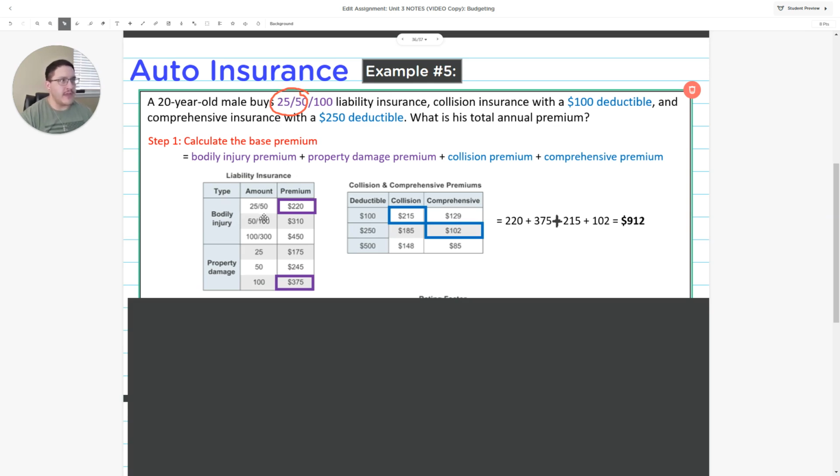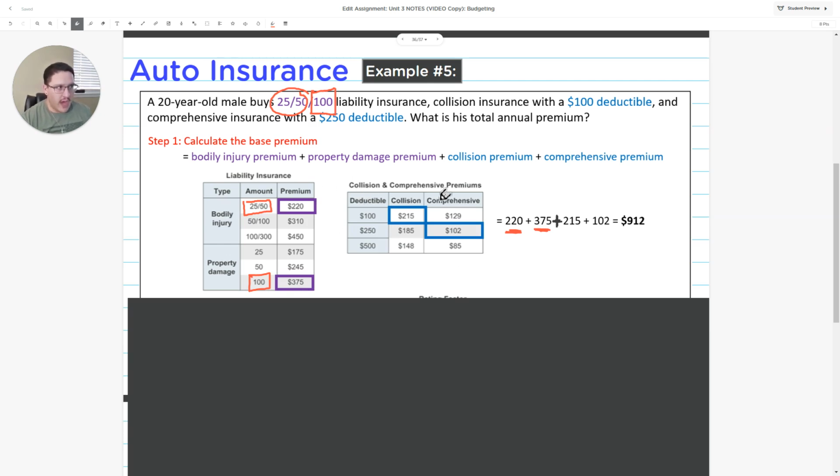So 25/50 is looking at this amount right here, which is a $220 premium, which we're adding right here. The next part, the 100, is the property damage. So 100 property damage for 100,000 liability insurance coverage is a $375 premium, which we're going to add right here.